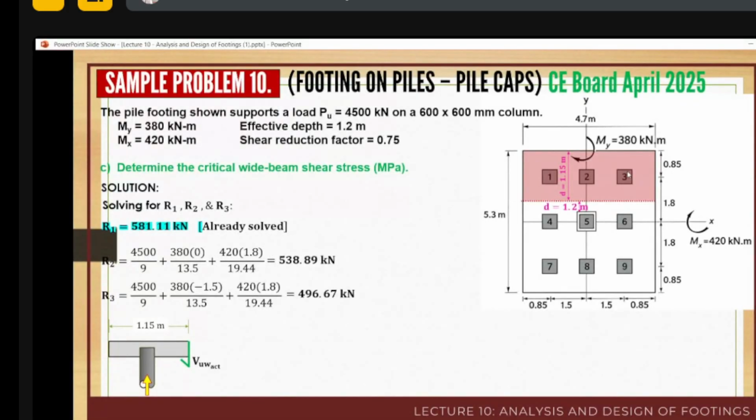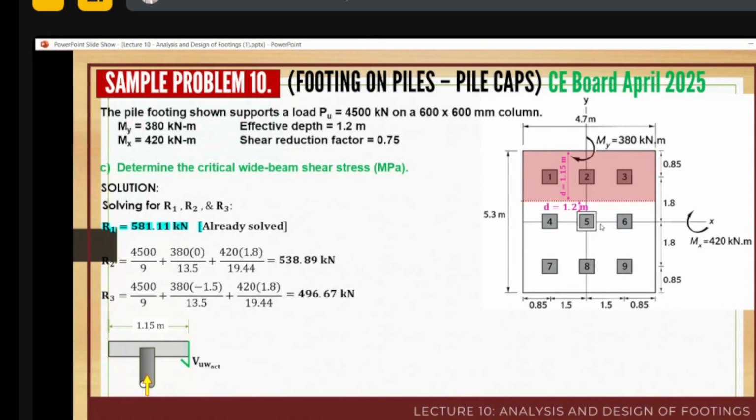For R3, it is the same formula: PU over the number of piles, so 4,500 divided by 9, the total number of piles, plus 380.